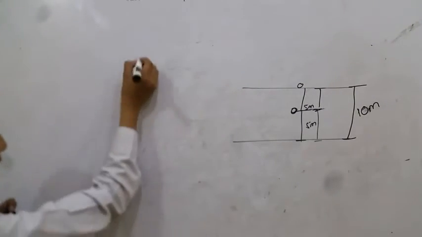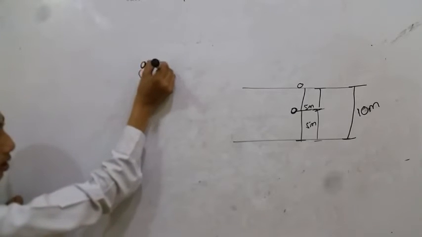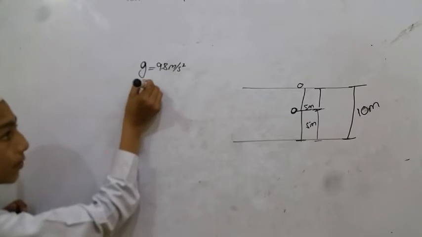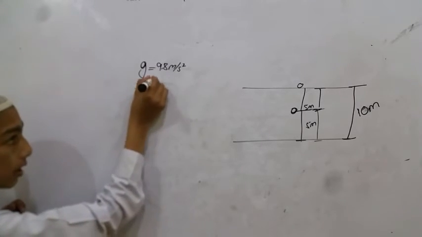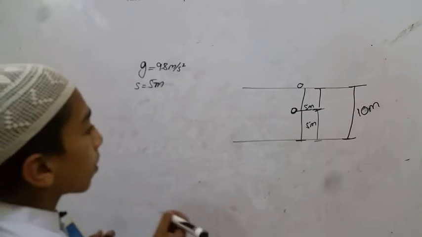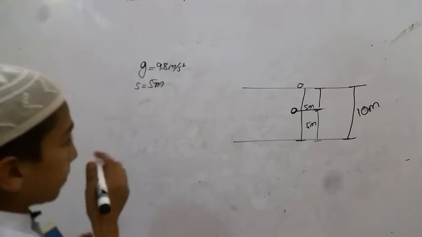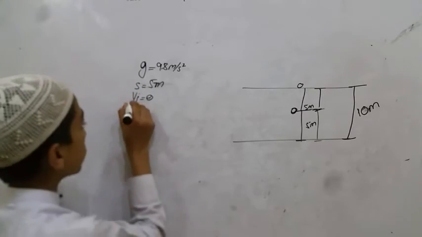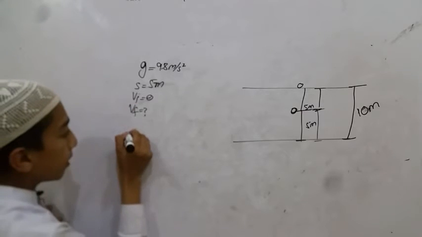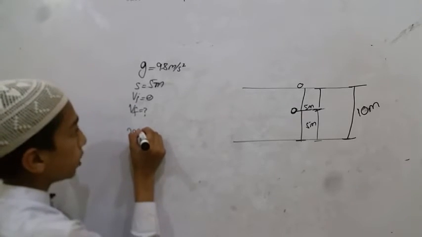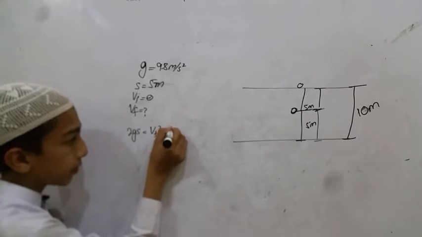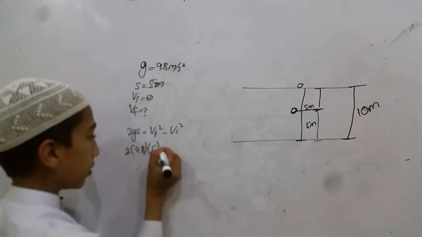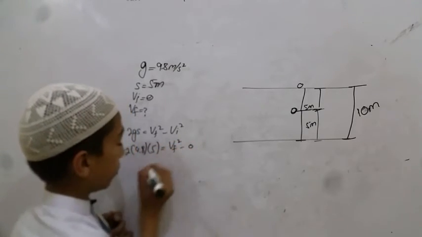So acceleration is 9.8 meter per second square, and h is 5 meter. Distance covered, s, is 5 meter, and now the body is at rest, so Vi is equal to 0, and we have to find Vf. To find Vf, we use the third equation of motion, which is 2gs equal to Vf square minus Vi square. So 2 into 9.8 into 5 is equal to Vf square minus 0.